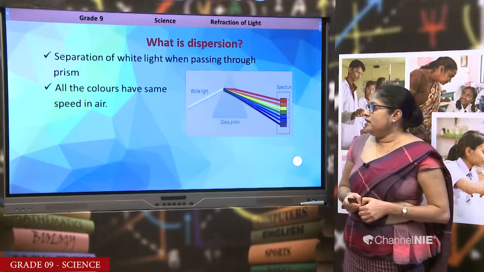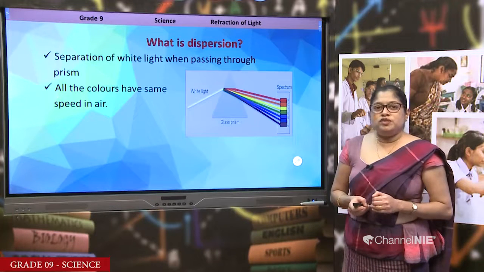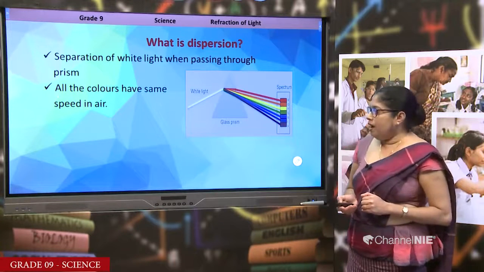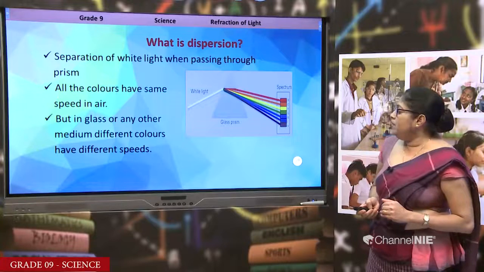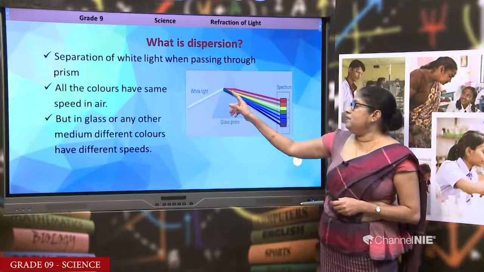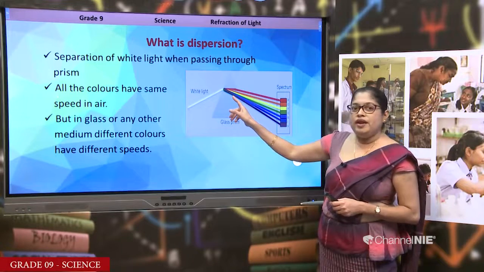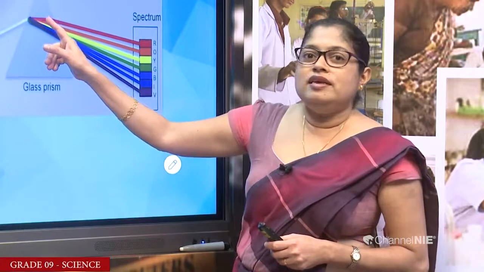When white light is travelling in air, all the components of it, that is all the 7 colors, have the same speed. But when the white light enters any medium other than air, these colors have different speeds. Because of that, inside the glass prism, different colors bend at different angles depending on the speed of light in the glass.